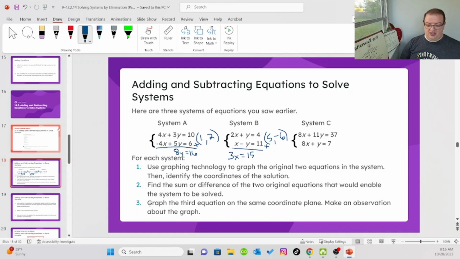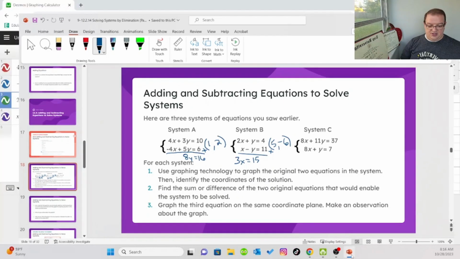Number 3, graph the third equation on the same coordinate plane. Make an observation about the graph. So now we would have 8x plus 11y equals 37.